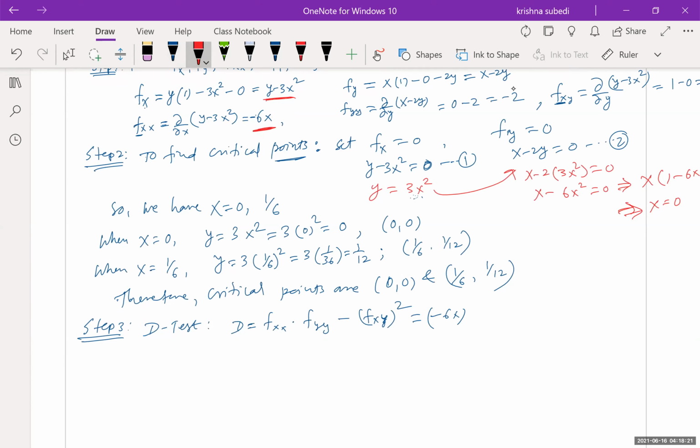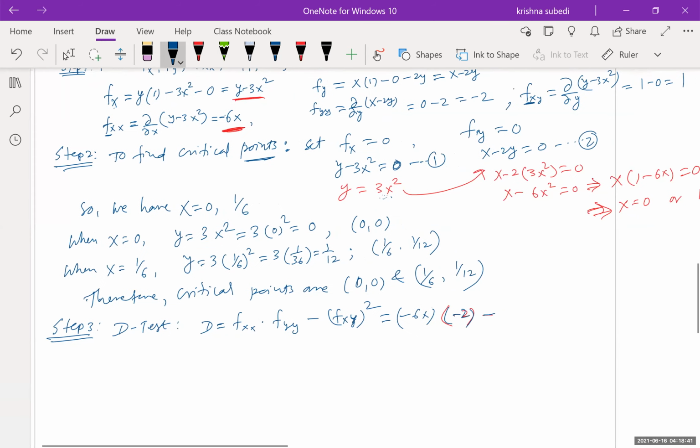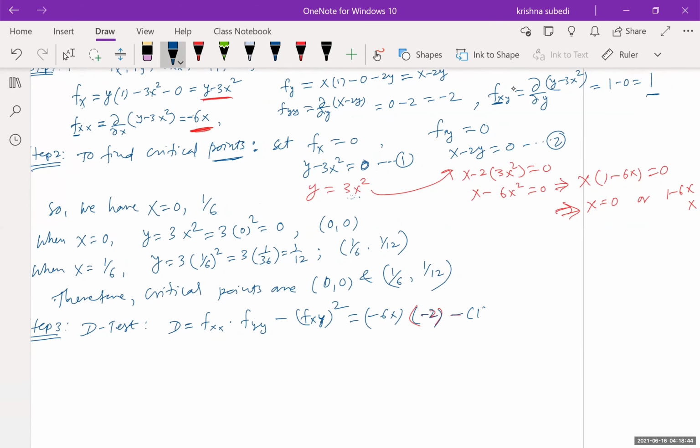You see here, f sub xx is negative 6x, and f sub yy is negative 2, and minus f sub xy, which is right there. This is 1, so minus 1 squared. That's going to give me 12x minus 1.